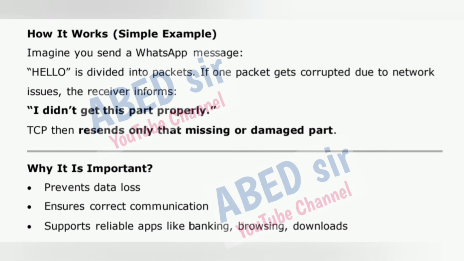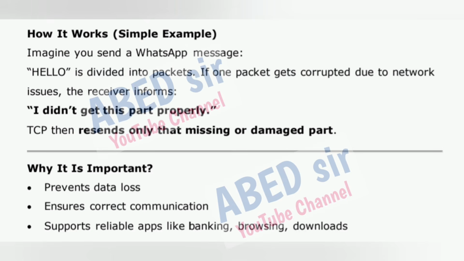How it works? Simple example. Imagine you send a WhatsApp message. "Hello" is divided into packets. If one packet gets corrupted due to network issues, the receiver informs, "I didn't get this part properly." TCP then resends only that missing or damaged part. Why is it important?